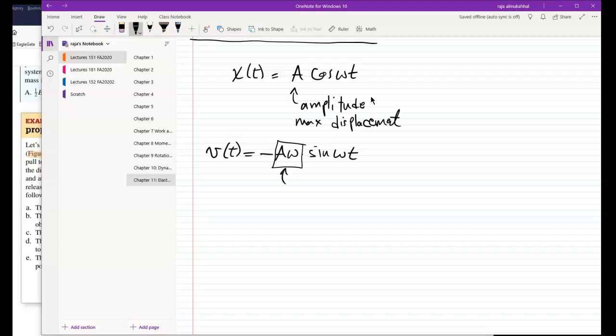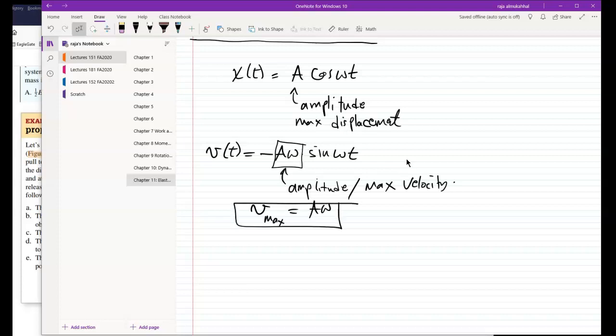This is also the amplitude, which in this velocity function represents the maximum velocity. See what I'm saying? So the maximum velocity, V max, is basically A omega. So X max, if you will, is A, and V max is A omega.